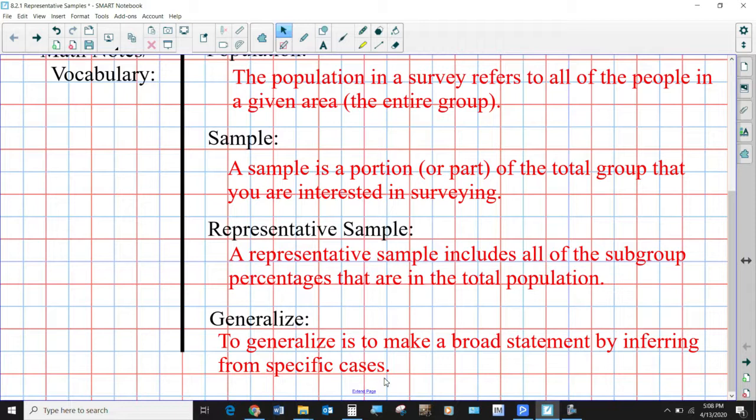So while we might only survey 50 people, and there might be 5,000 people who live in Loomis, if we've got a truly representative sample and we find certain results for those 50, then we should be able to apply that to the greater population in the same way that we take experimental probability and apply it in that context.